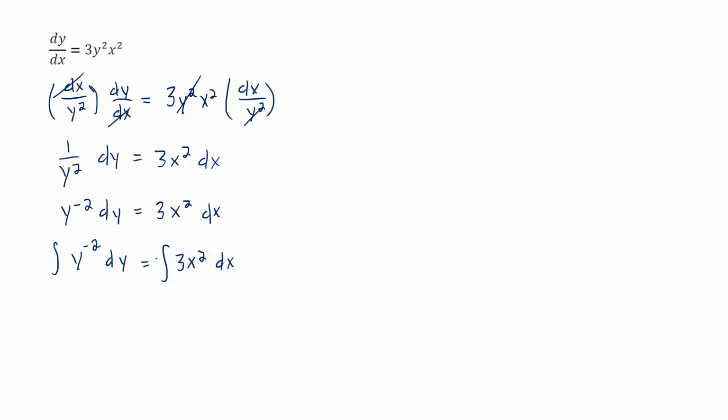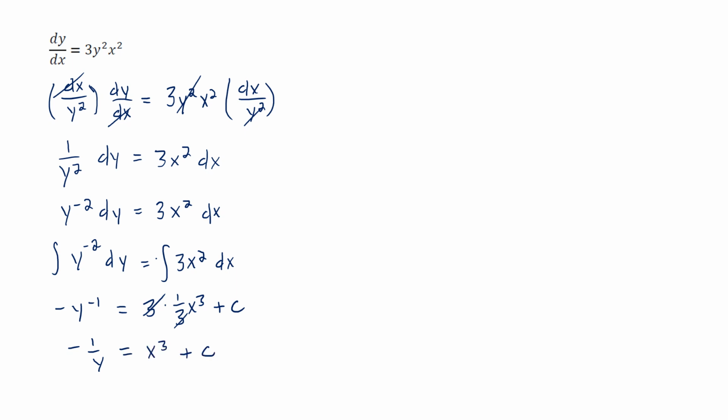Now when I do that, I will get negative y to the negative 1 equals, and I could have rewritten this with the coefficient on the outside. If I move my coefficient out and then take the integral of x squared, I would be multiplying that by 1/3 x cubed plus c. Okay, so the 3's cancel. So I have negative 1 over y equals x cubed plus c.